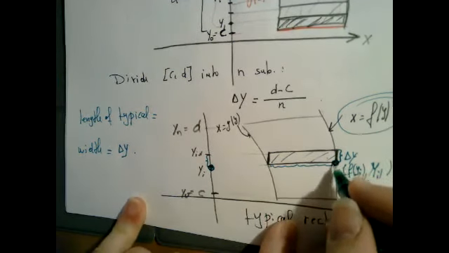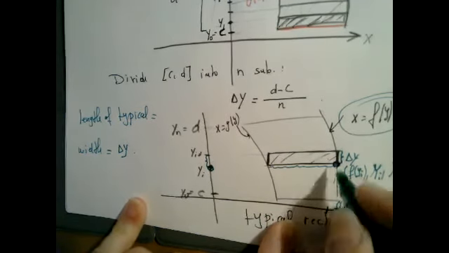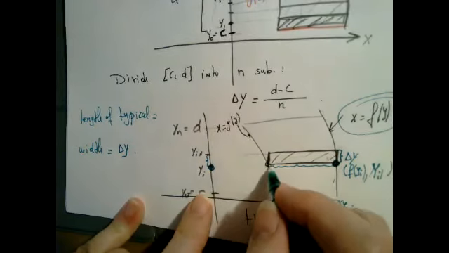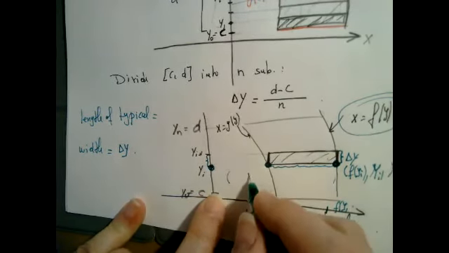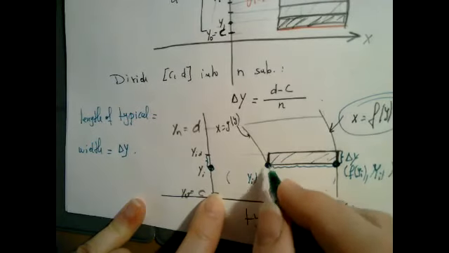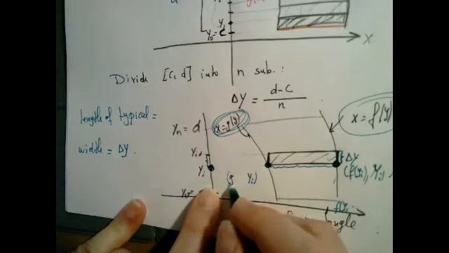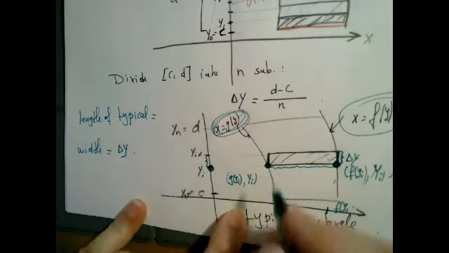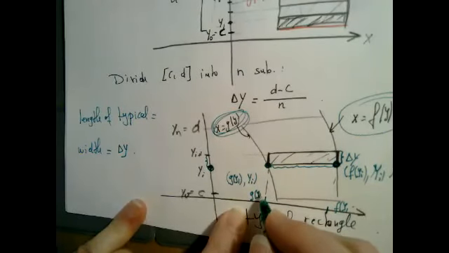And the point here, that's the yi, this point is on this graph. That's the g of yi.